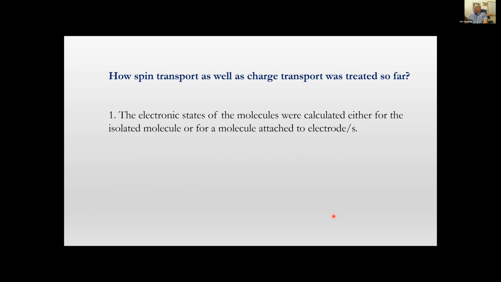And before doing it, I want to put your attention on several problems that exist in general when people calculate conduction through molecules. Typically, when conduction through molecules is calculated, one solves the electronic state of the molecule, very much like in mesoscopic physics, and then applies the voltage.